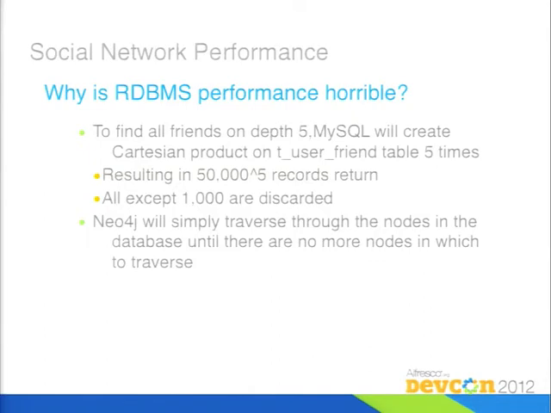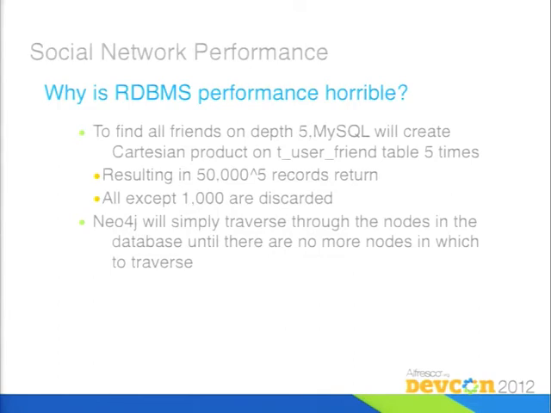That means it has to create the Cartesian product 5 times for that depth 5 query, resulting in 50,000 to the power of 5 records returned, of which only 1,000 are the results that we're looking for. So not very efficient for getting that type of data.